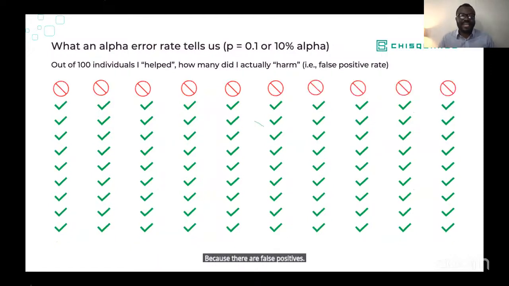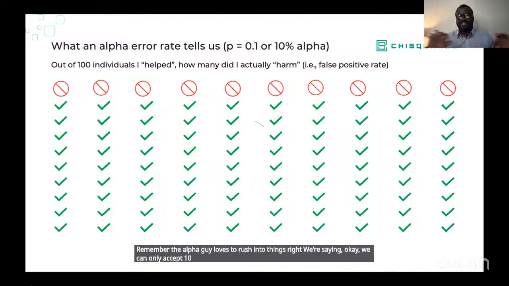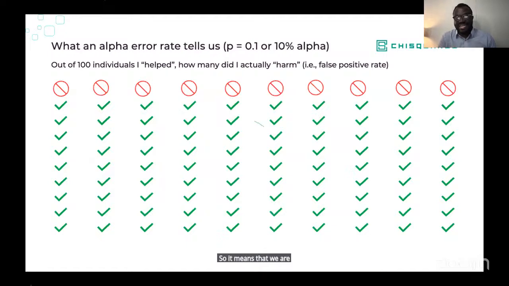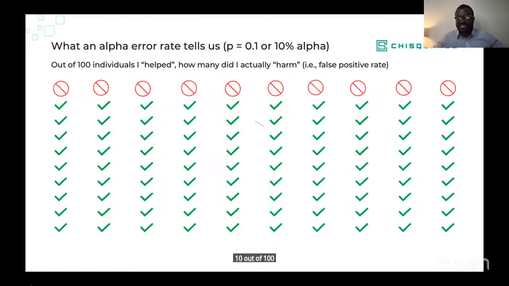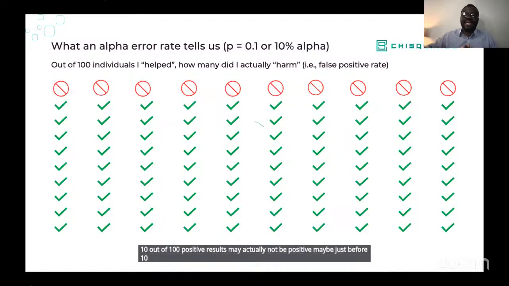If we're accepting an error rate of 10% alpha, remember the alpha guy loves to rush into things, we're saying, okay, we can accept 10% error rates. So it means that 10 out of 100 positive results may actually not be positive. Maybe 10 of them may be false positives, and the other 90 are true positives.